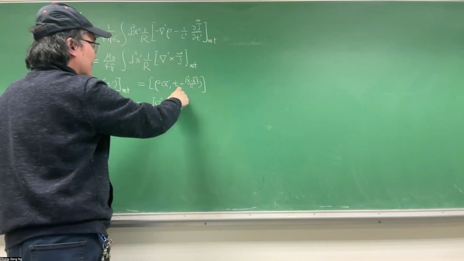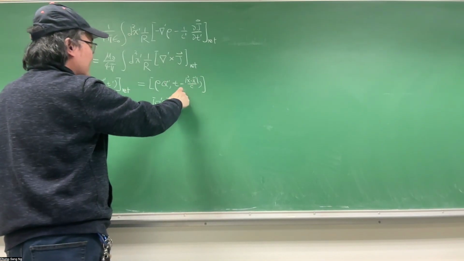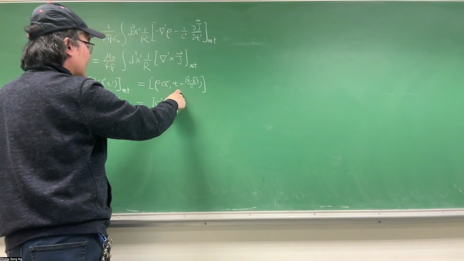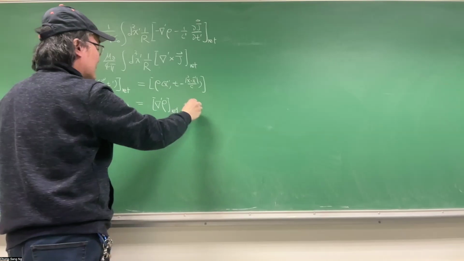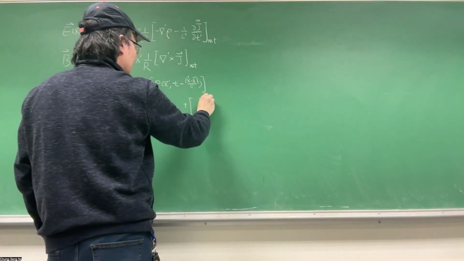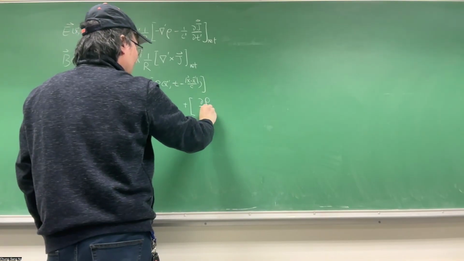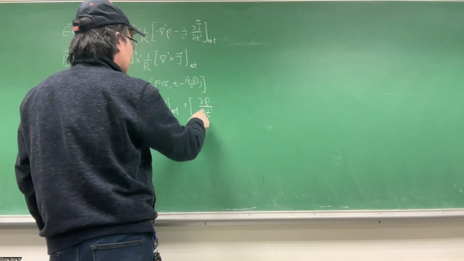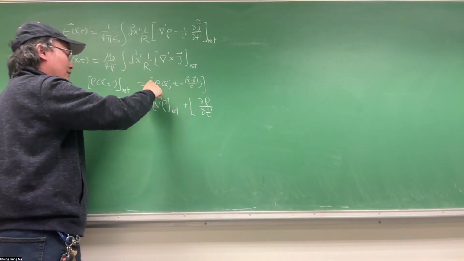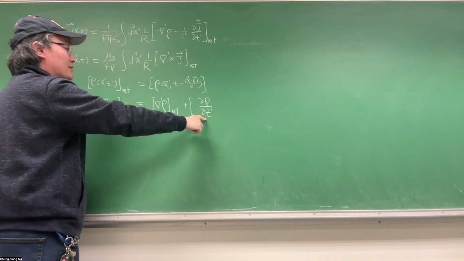So this slot is for t prime. You want to do the partial rho partial t prime first, which is the derivative of rho with respect to the second argument.